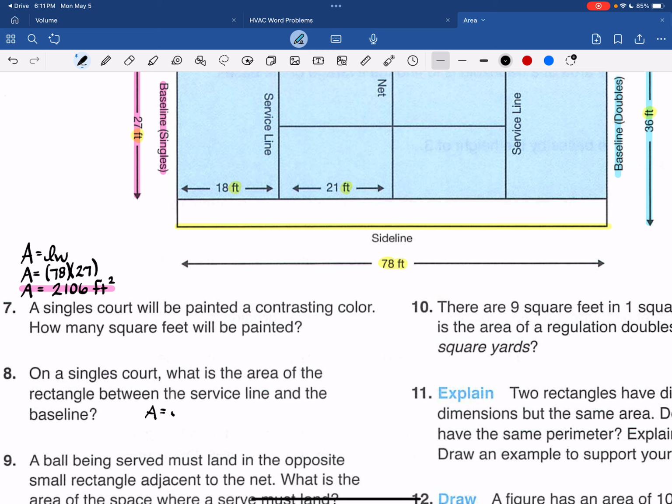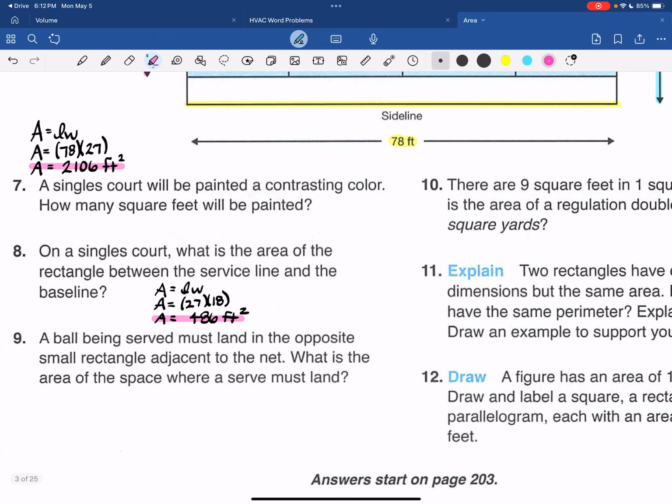Of course, length times width is the formula. And it's 27 long by 18 wide. And when you do that multiplication, you will get 486 square feet. Again, that's on a singles court.